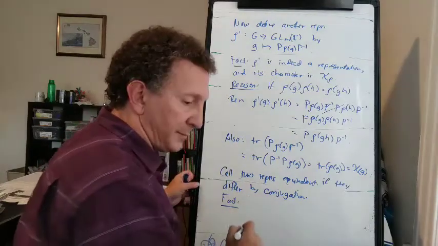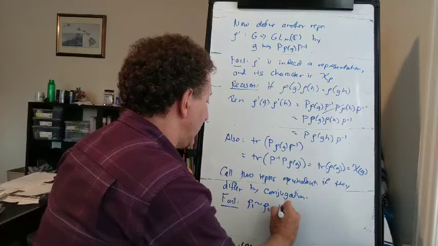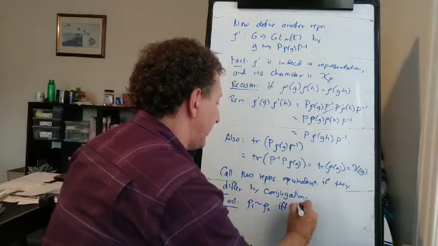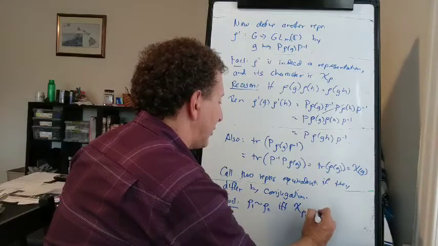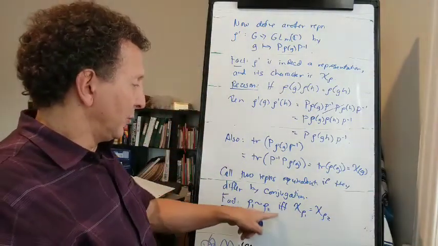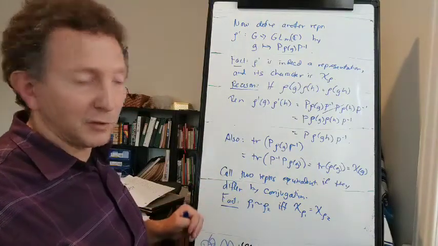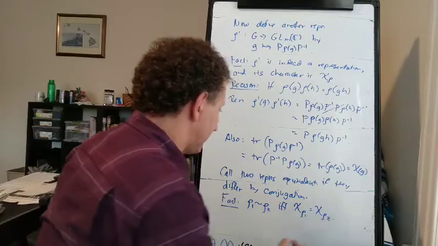It turns out that rho 1 is equivalent to rho 2 if and only if the character of rho 1 is equal to the character of rho 2. So one direction is obvious, and the other direction I'm not going to prove. I'm going to state a bunch of results today that I'm not going to prove.